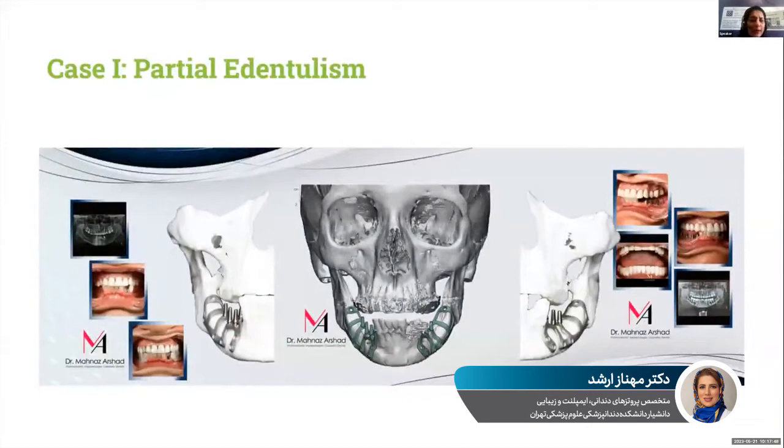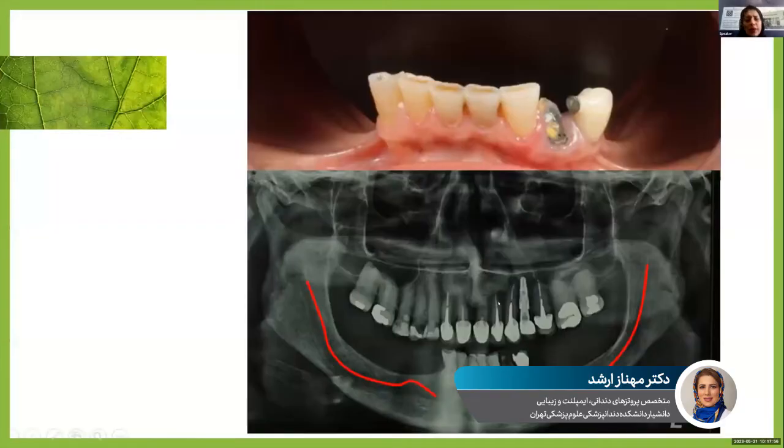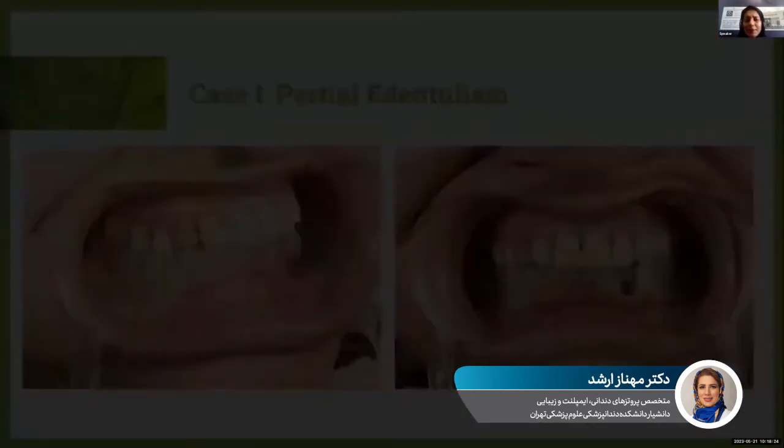We don't have any teeth on both sides of the distal extension of the jaw, and you see the nerve is up near the crest, and the patient doesn't want any anesthesia or paresthesia, didn't accept any risk of paresthesia of the nerve because of nerve repositioning. So we decided to make the subperiostal implants for her.